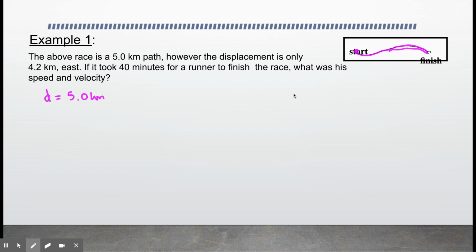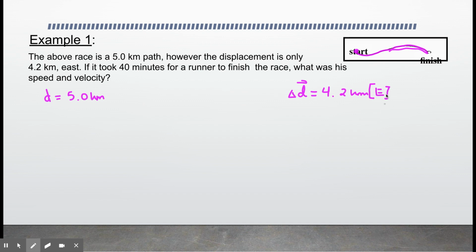But the displacement, notice I've got the arrow above it for the vector for displacement, is 4.2 kilometers east. And you're going to see me write, like I said in the last video, that direction in square brackets behind my number.